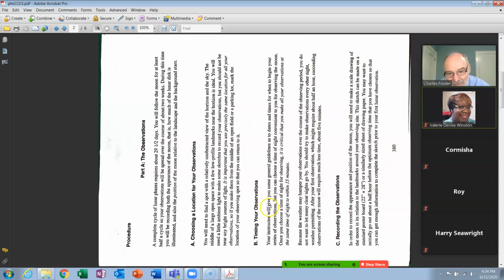Now, timing your observation. It depends on you and when you're free and available to do this. But it's critical that you make all your observations at the same time of night within 15 minutes. So if you're at, say, 10 o'clock at night, you could be as early as 9:45 or as late as 10:15, but don't be outside that range.